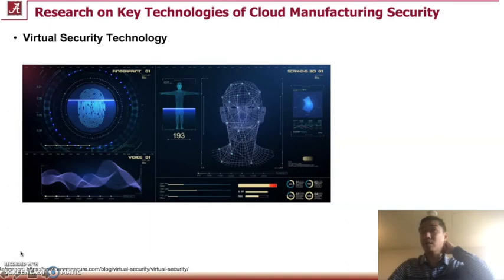The fifth one is virtual security technology. Virtual technology is a key core technology for cloud manufacturing. Cloud architectures that use virtual technology on cloud computing platforms must provide security and isolation guarantees to their customers. Someone proposed a grid environment based on virtual machine technology as a solution for the execution machine.